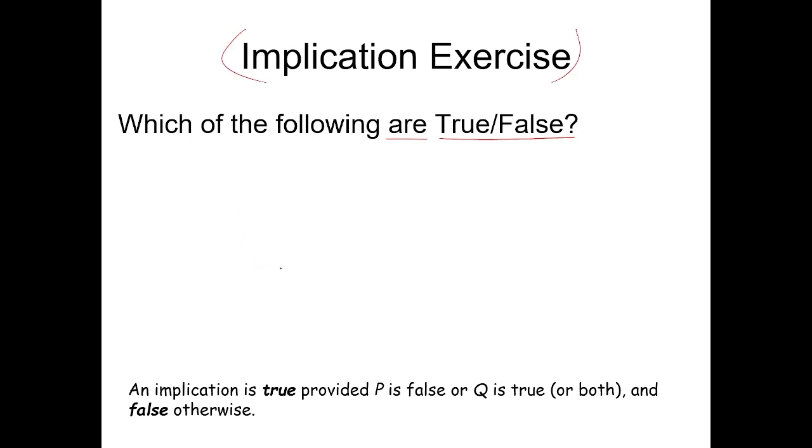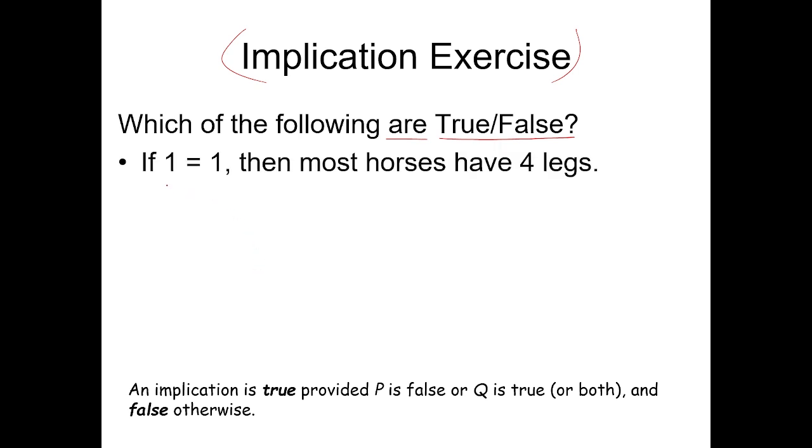An implication: if 1 equals 1, then most horses have 4 legs. We can see that this is true. Most horses do have 4 legs.